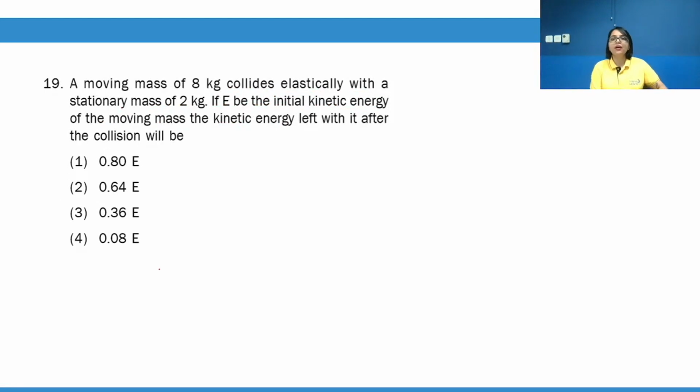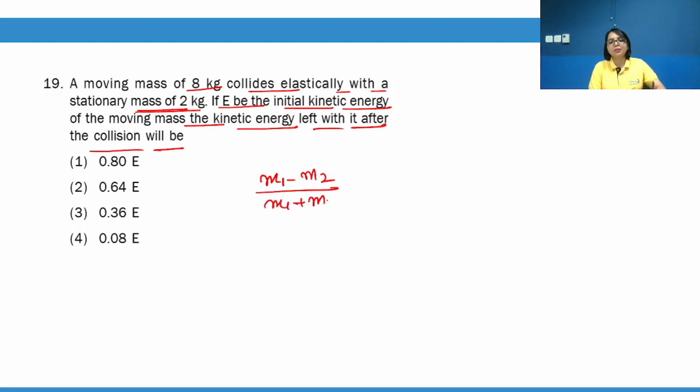Question number 19. A moving mass of 8 kg collides elastically with a stationary mass of 2 kg. If E is the initial kinetic energy of the moving mass, the energy left with it after the collision will be? So basically energy left after the collision can be given by (m1 minus m2) divided by (m1 plus m2) whole square into E. These are the shortcuts that you should remember, bacho.